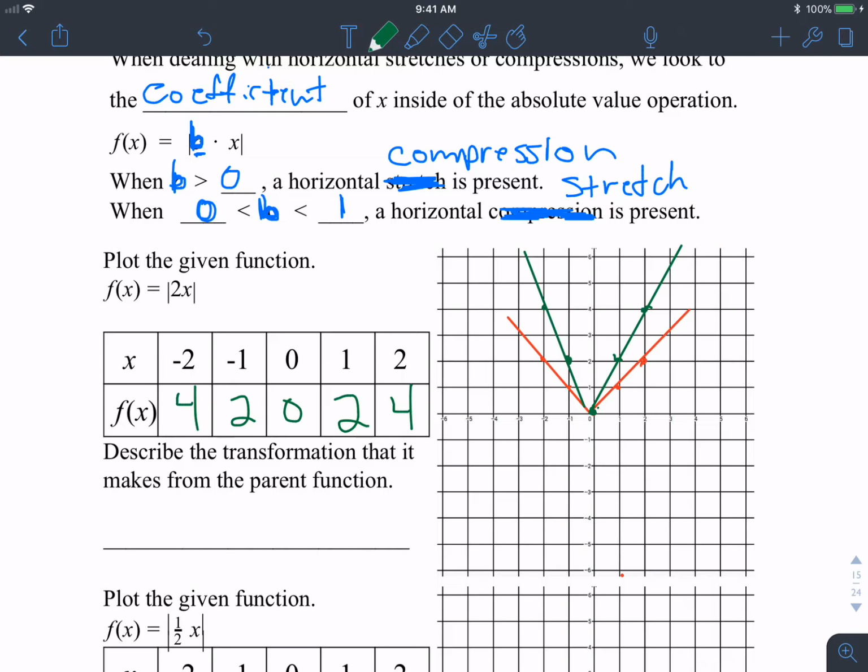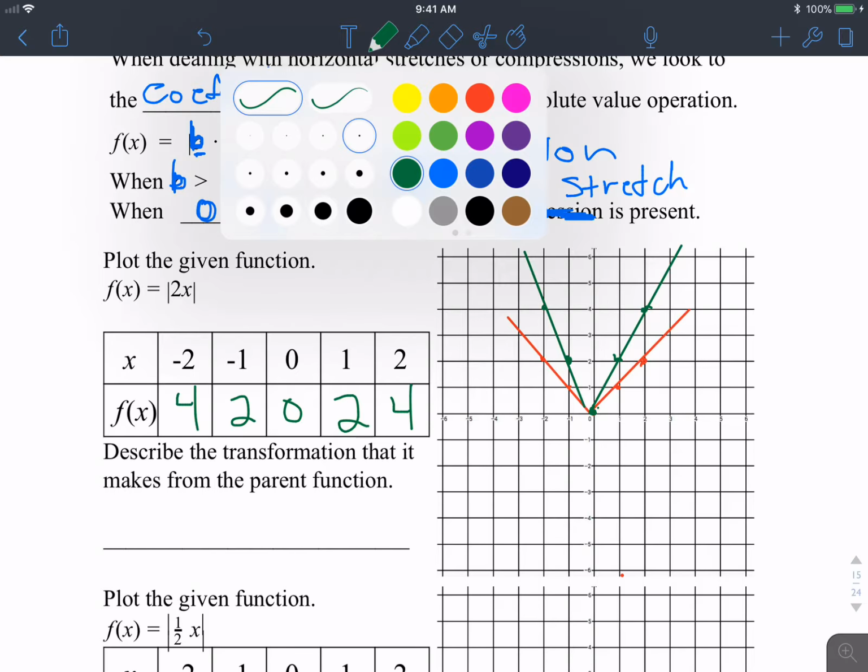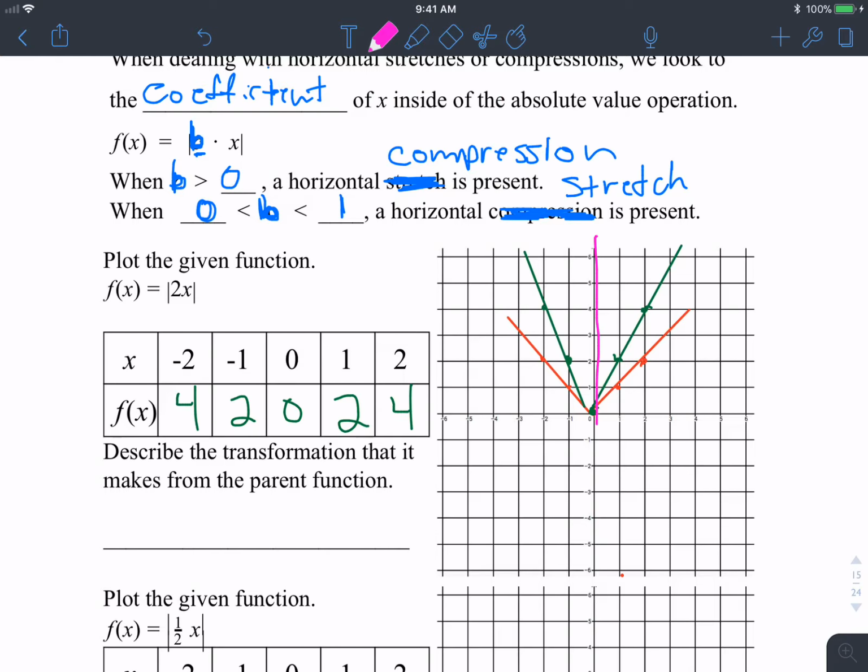So if we look at it like that, we can see, with this right here being the y-axis, that this new graph is closer or compressed in to the y-axis as opposed to being pulled away from it.